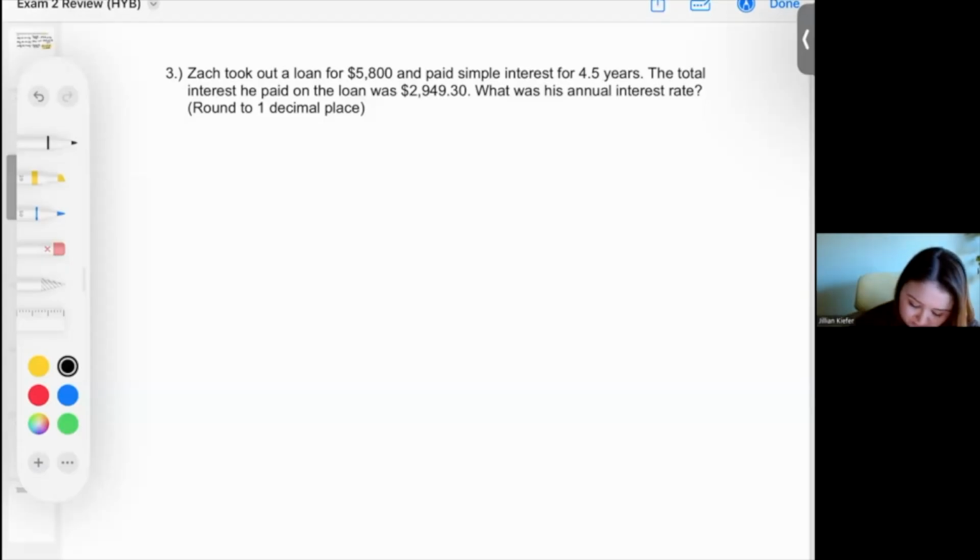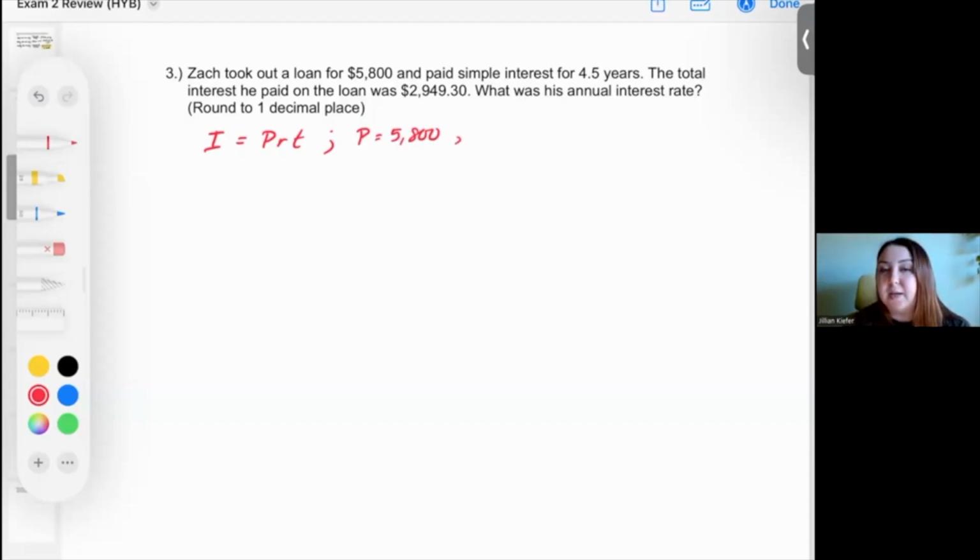The equation for simple interest is that the interest should be equal to the principal times the rate times the time. So we can identify what we do have and then figure out what we don't, which is the rate. We're told that the loan was originally $5,800, meaning the principal was $5,800.